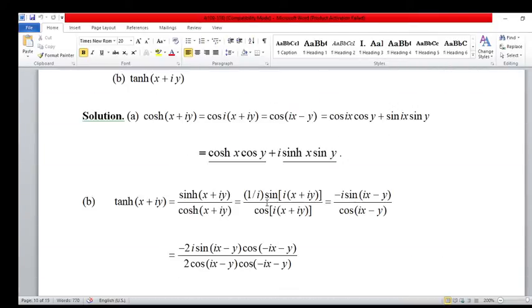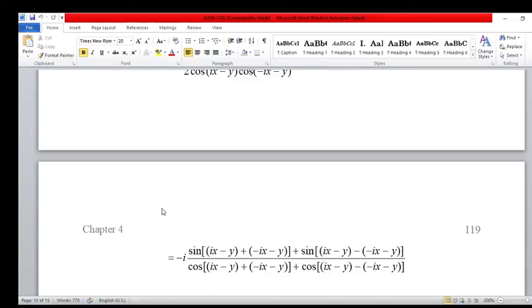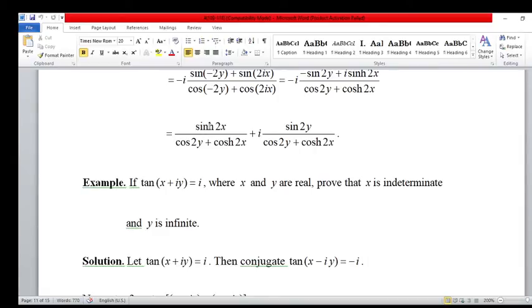This is the real part and imaginary part of tan hyperbolic x plus iy.